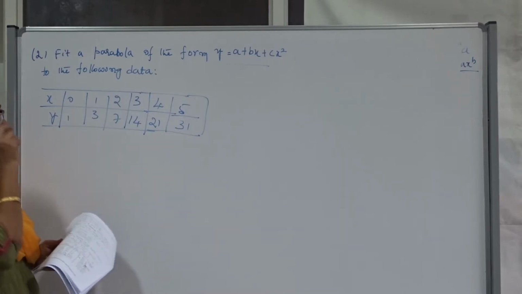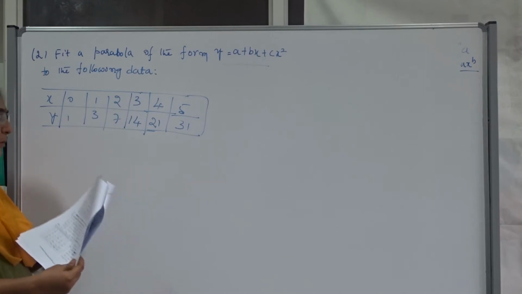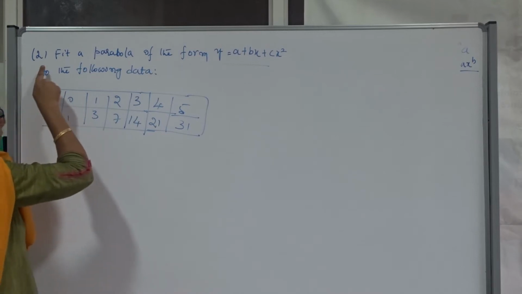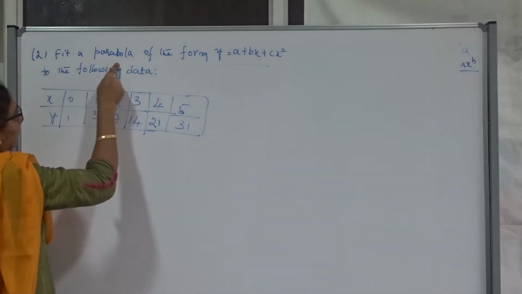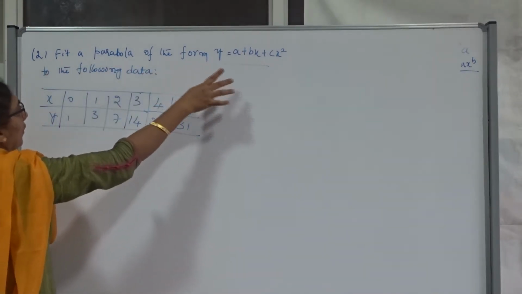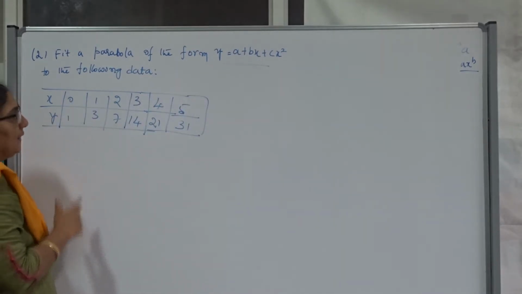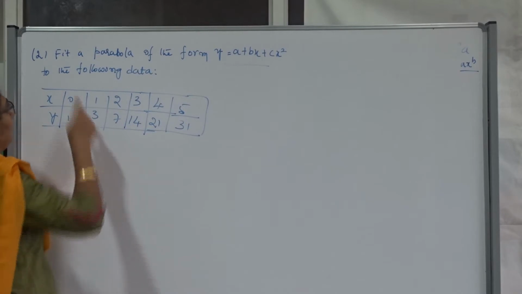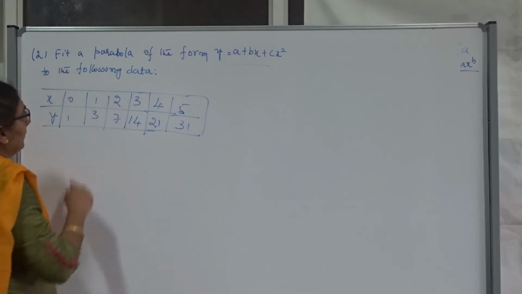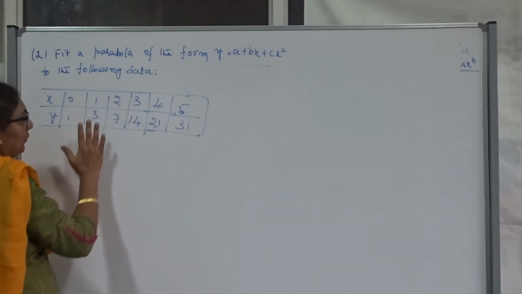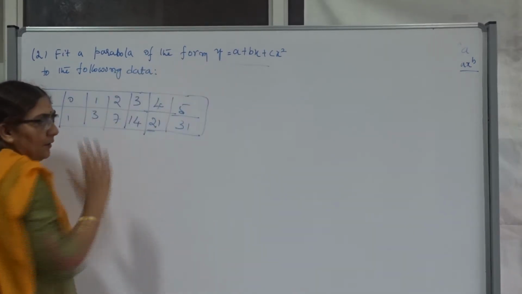In this problem they mentioned it already, but even if it's not mentioned, keep in mind that the problem may say: fit a parabola of the form y equals a plus bx plus cx square to the following data. Instead of that, they may say: find a parabola from the following data, directly giving this data without giving the equation.